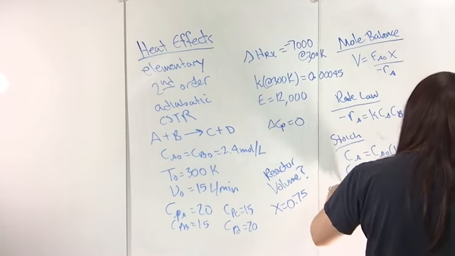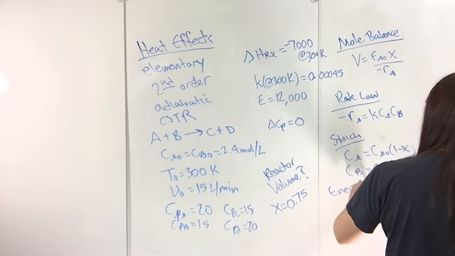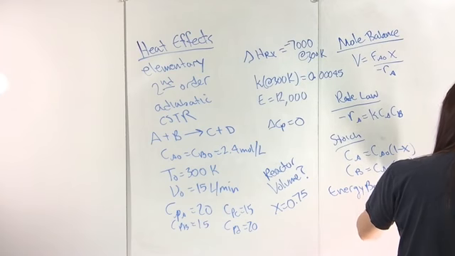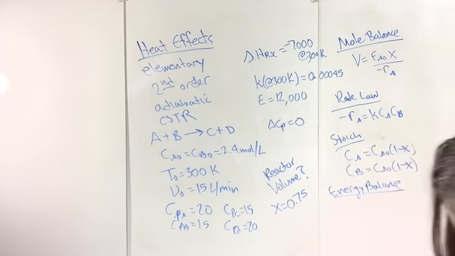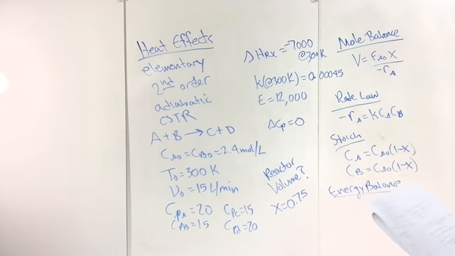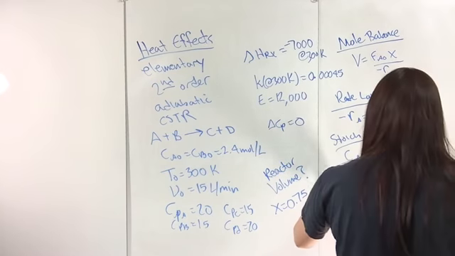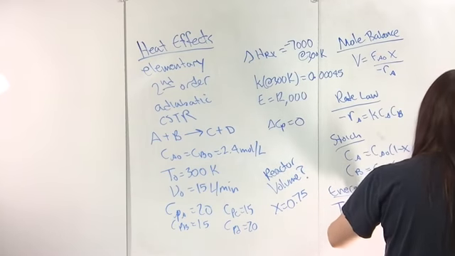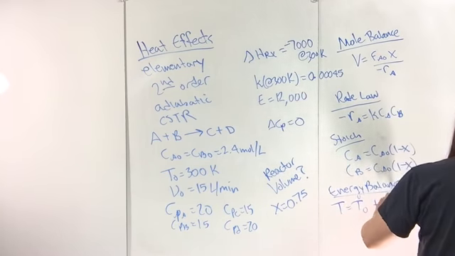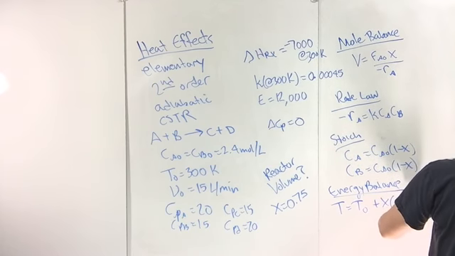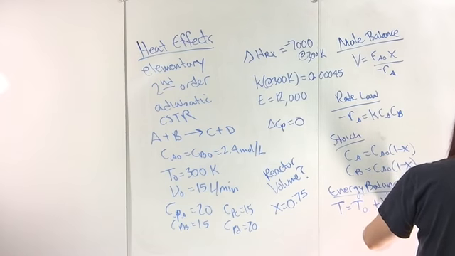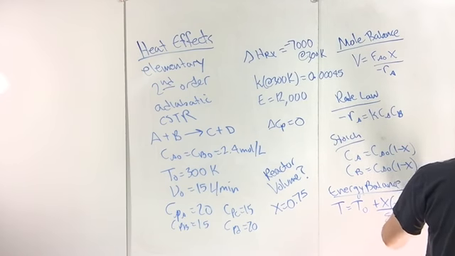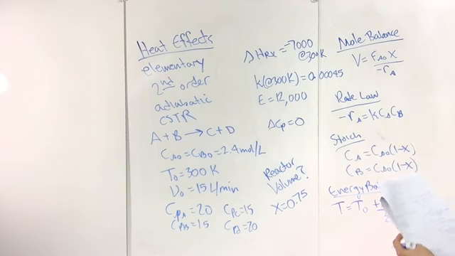So then we want to do an energy balance. It says it's adiabatic, so I'm using the adiabatic energy balance, which I believe is equation 1 on that table. So T is equal to T naught plus X multiplied by the heat of reaction over the sum of theta I CPI.